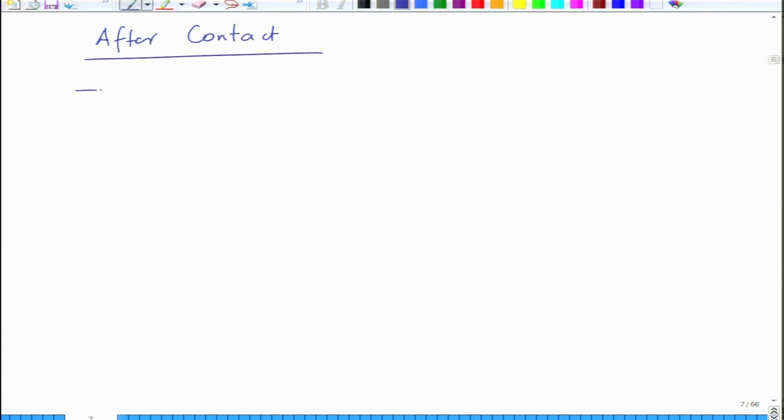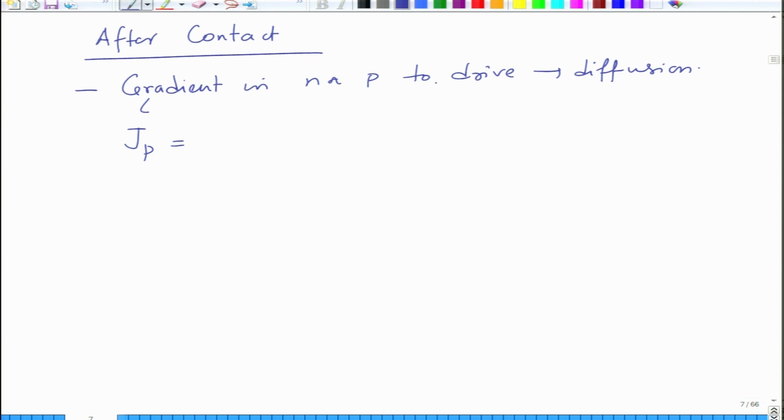After contact, first you have a gradient in N and P to drive diffusion, right. So, you can say that Jp diffusion, you have hole gradient. So, you have hole and electron gradient. So, you can say Jp diffusion will be minus of q Dp into dp by dx, right.